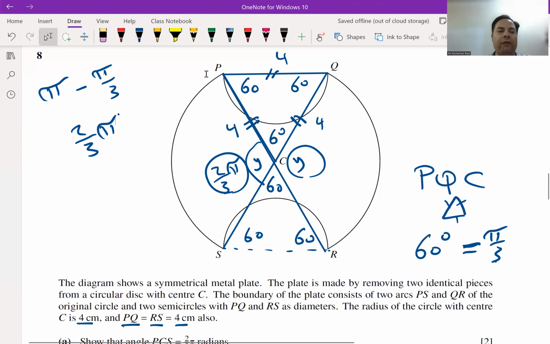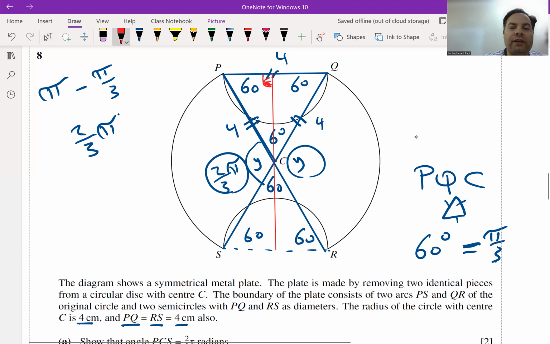Or we can draw the perpendicular from the vertex. This line is a line of symmetry, perpendicular to the lines PQ and SR, so the measure of this angle is 90 degrees. Isosceles triangle, without mentioning the equilateral, so this side will be 2 and this side will be 2.